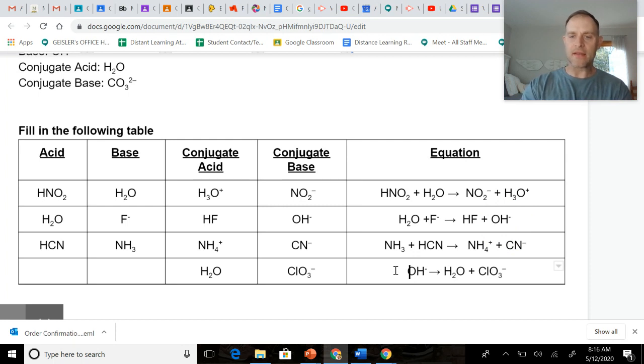So this became this. H2O used to be OH minus. Now again, if this is my conjugate acid, that comes from the borrower. It became rich. It started out as poor. The borrower is the base.